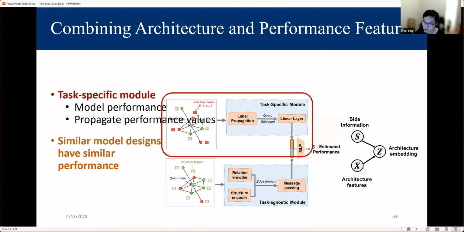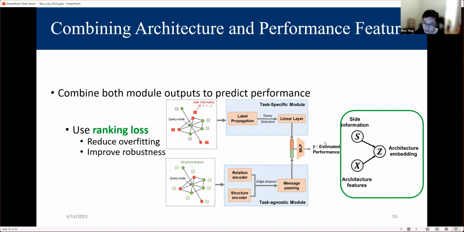With this assumption, we can use this task-specific module to make predictions. Then we concatenate them together and use a multi-layer perceptron to derive the architectural embedding for each node, and then make predictions on the performance.